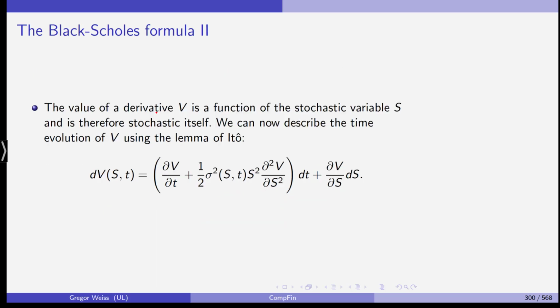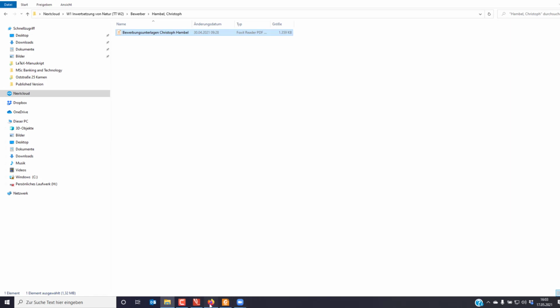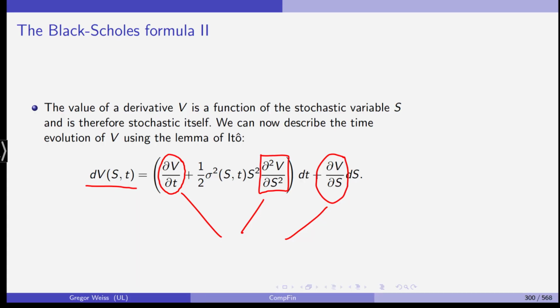The change in the option price is given by the partial derivatives here, which form the drift, and the diffusion dt and dS. Now, you might ask yourself, what is this partial derivative? Well, remember the start of our lecture. Actually, these are, not surprisingly, the so-called Greeks.